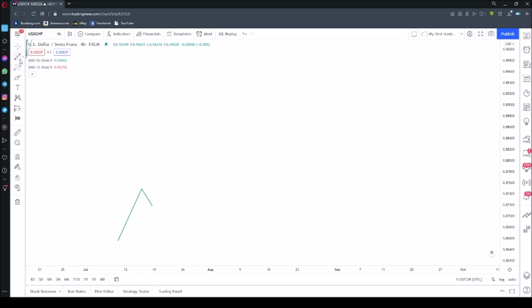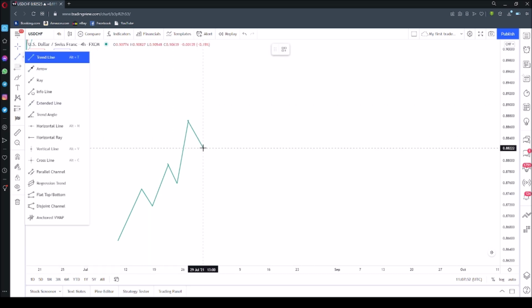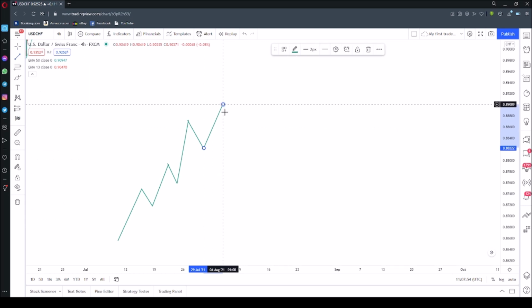In this case, we are in an upward market structure where we have higher highs, higher lows, higher highs, higher lows. And then for us to say the market has broken structure, we need to see it breaking the last lower high like this.